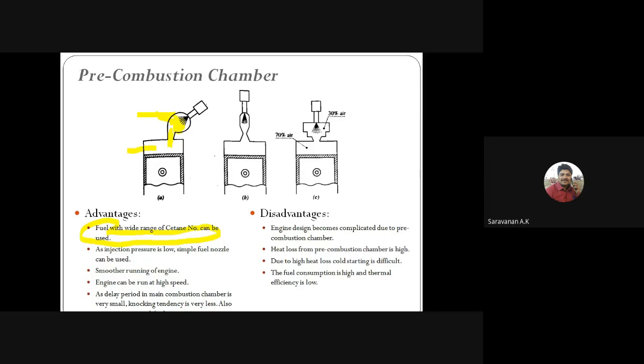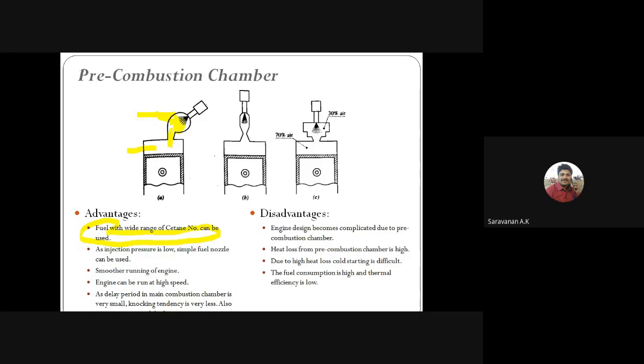And for the disadvantages, the engine design becomes somewhat complicated, because it will have some extra additional chambers. Due to the pre-chamber, the engine design is very complicated. Then the heat loss from the pre-chamber is very high, because the first burning occurs in the pre-chamber.